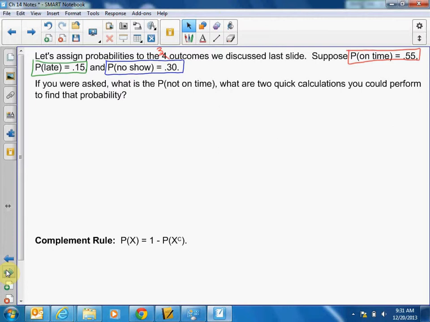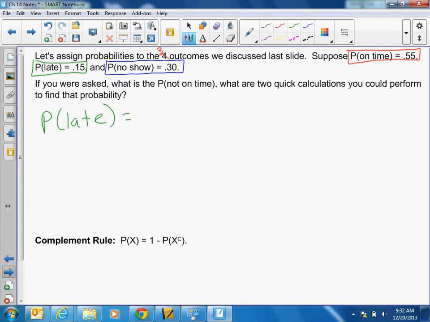The first is to say, well, if you didn't know the green probability, if you only knew the red probability, that I was on time is 0.55, and the blue probability, that I'm a no-show is 0.30, here's one way to calculate the probability that I would be not on time.